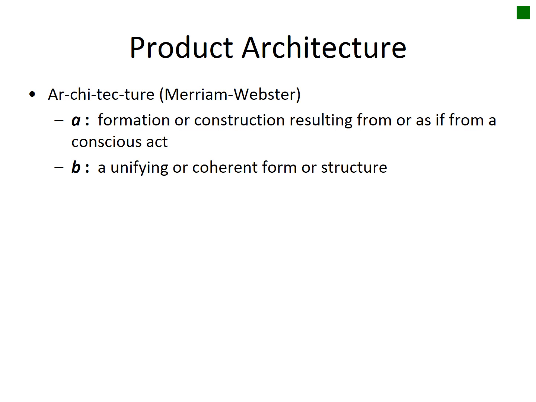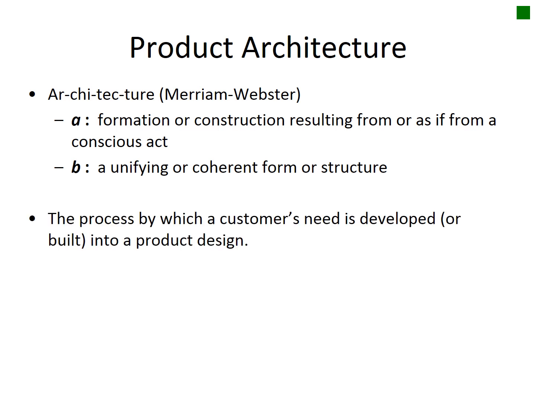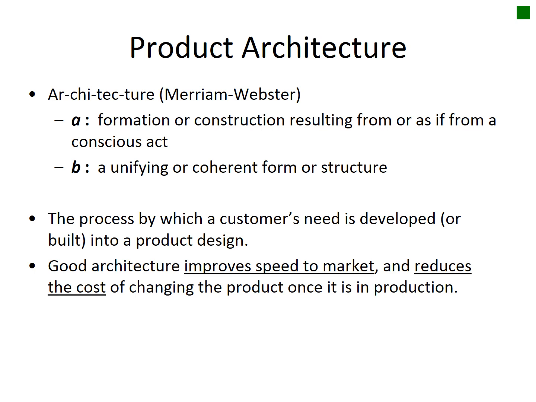When we think about product architecture, we want to think about how the design is most efficiently created to manufacture, but then also at the same time is efficiently created to solve the customer's wants and needs. So the product architecture concept, as it is in the design phase, is a process by which the customer's needs are developed or built into a product based on a function of its design.